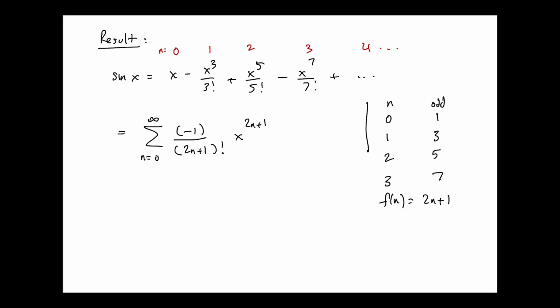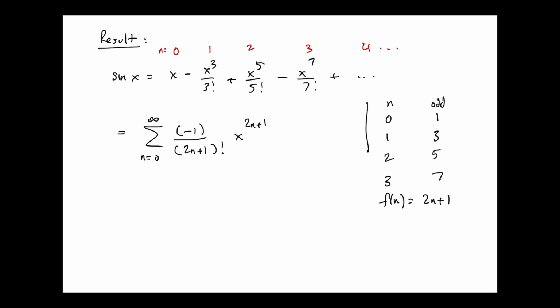Sorry, I didn't mean to say odd or even. I meant plus or minus. Which terms have pluses in front? x, x to the fifth, and then the next one would be x to the ninth. What's true about the n for those values? They're all the even numbers.